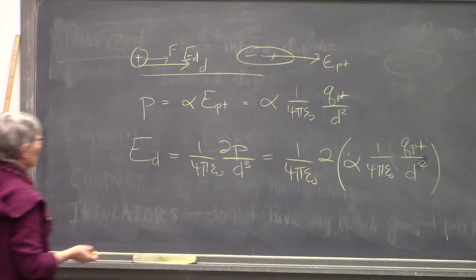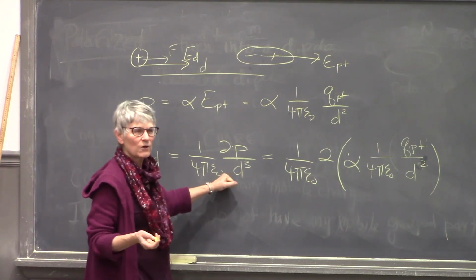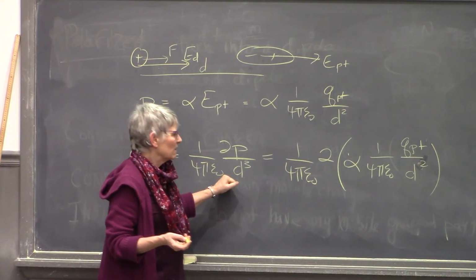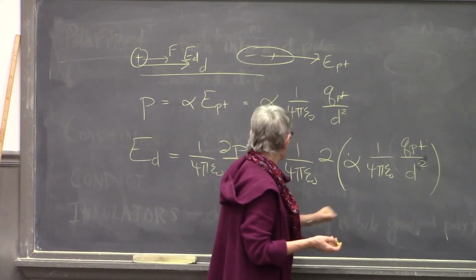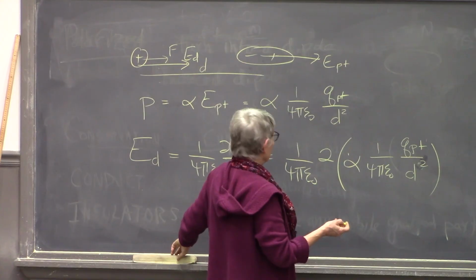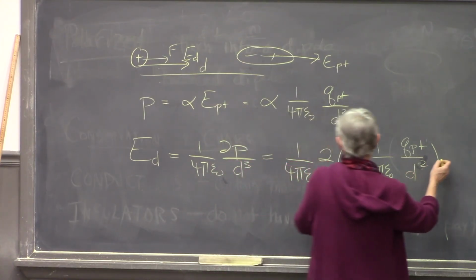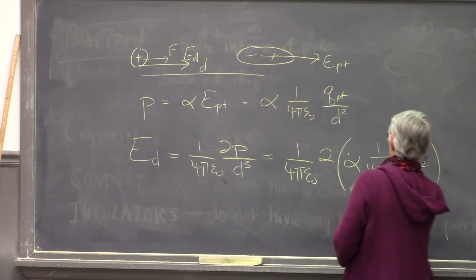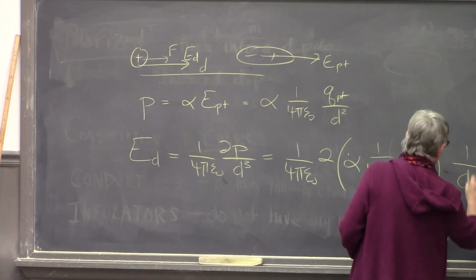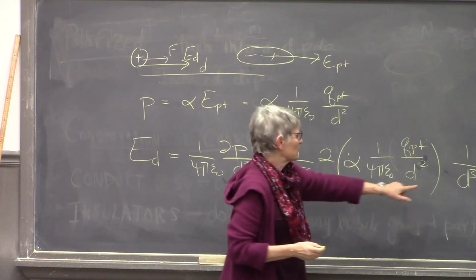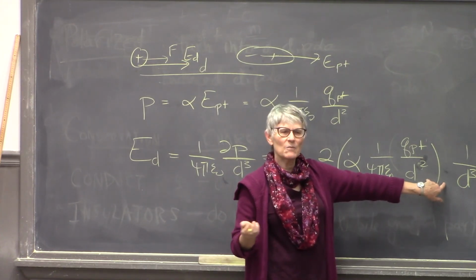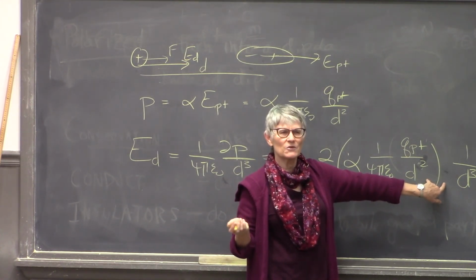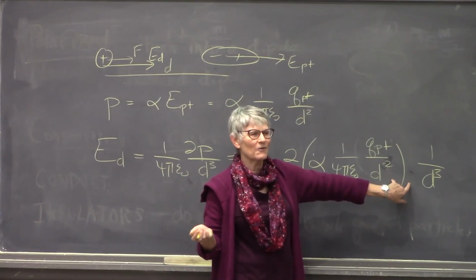So the dipole field, which goes like 1 over distance cubed, suddenly picked up another factor, so that's just p, and now we have 1 over d cubed. So all of a sudden, the field of the induced dipole is actually going like 1 over d to the 5th.